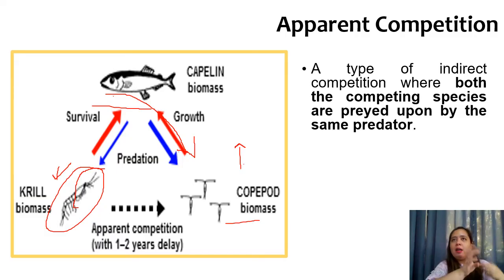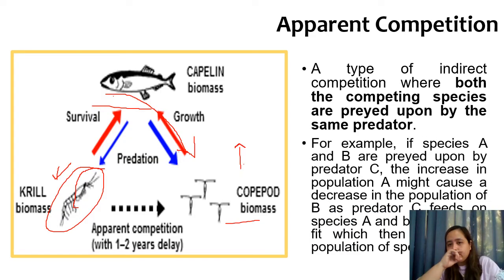And then kakainin na naman siya, no? Si-select, kakainin naman siya ng capelin, may matitira na naman. So, as you can see, mas nagbabago yung genetic makeup ng population. Kasi, kung sino yung mga natirang survivors, sila lang, yung genes lang nila, yun na ipapasok for the next generation. So, here, there's also an effect of competition to the natural selection of organisms.